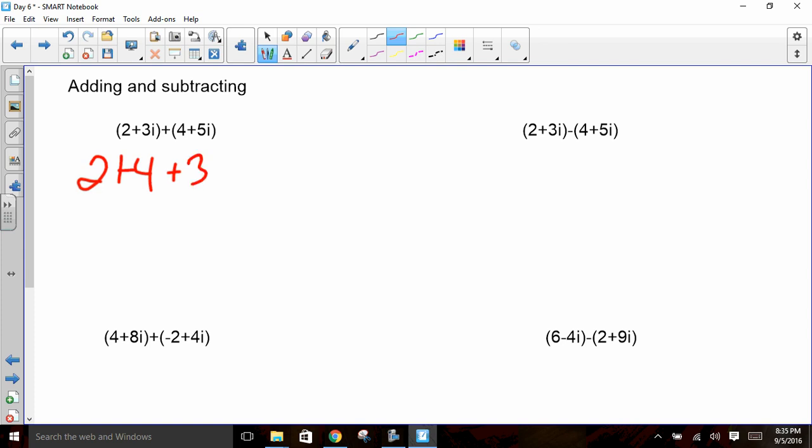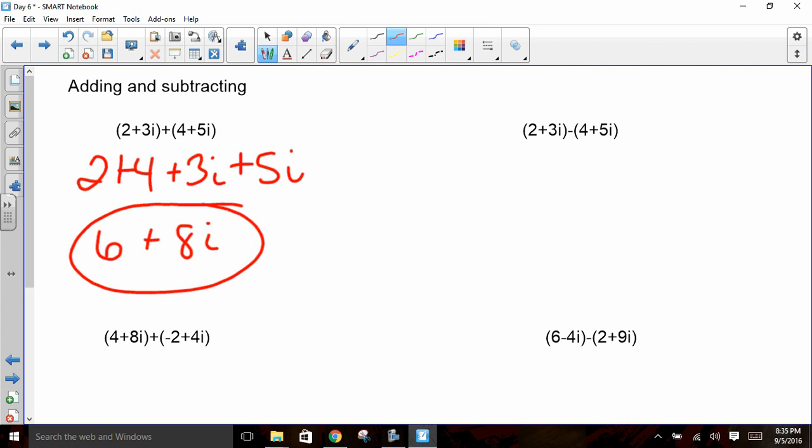And then I'm also going to add my imaginary stuff. Now my 3 is positive and my 5 is positive. So I have 2 plus 4, which is 6. And then I have 3 plus 5, which is 8. So my answer is 6 plus 8i. Again, we've got to make sure our real numbers, or the real part, comes first. 6 is real. 8 has that i, which means it's got that imaginary friend with it, so it wants to go behind.